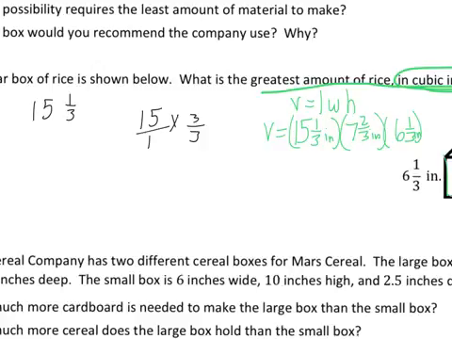I put 15 over 1, and I'm left with 45 thirds. So 45 thirds is 15, plus my 1/3 is 46 thirds. Most people use this method: 3 times 15 is 45, plus 1 is 46. And that's why that shortcut works. A shortcut's not good if you don't understand it.